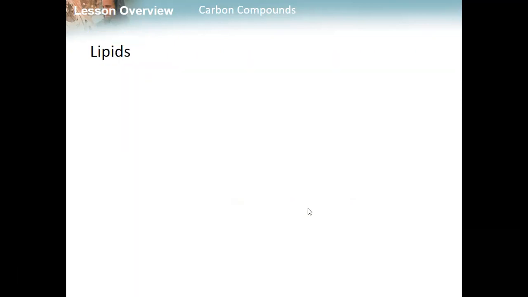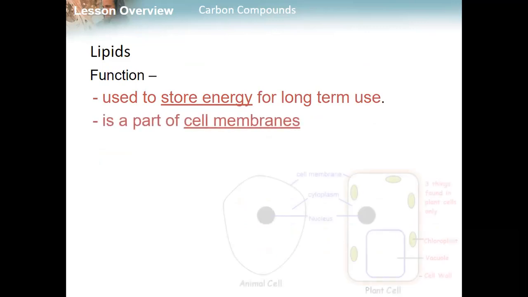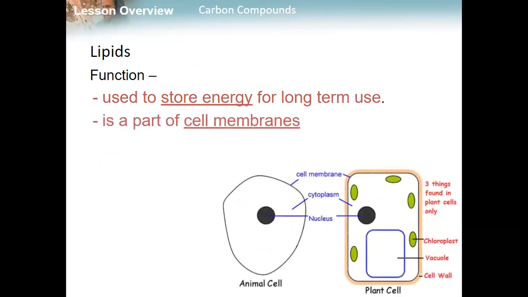Now, what's the point of the lipid? The lipid's function is to store energy for long-term use. So when we need energy, we can use the lipids in our body, which store that energy until we need it. The cell membrane is also made up of lipids.